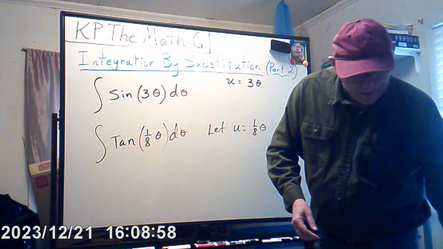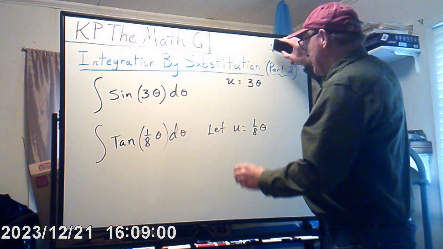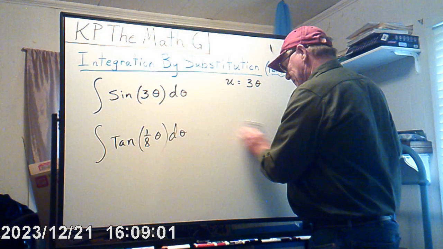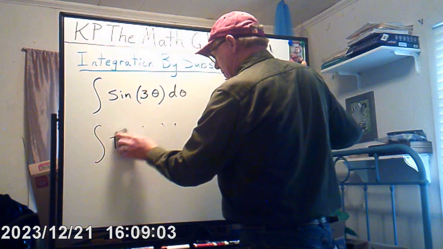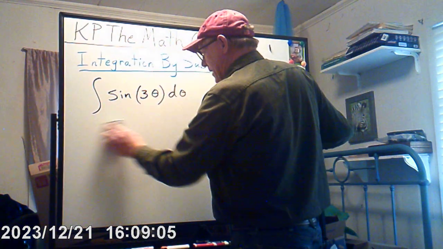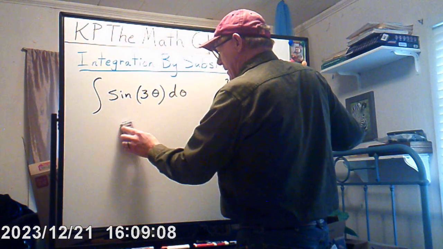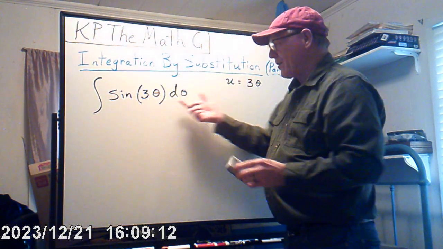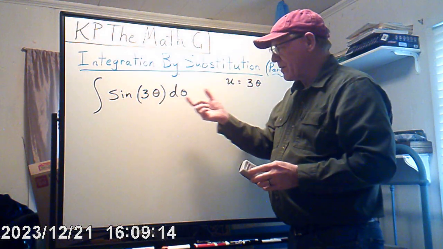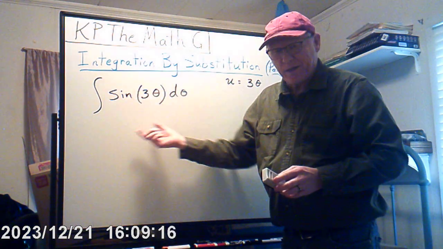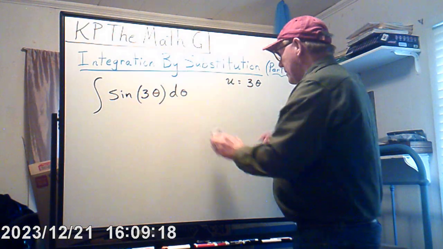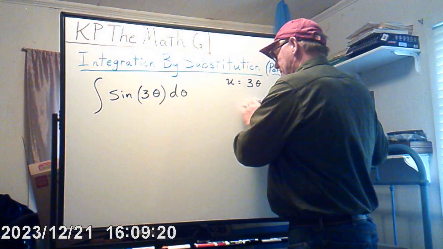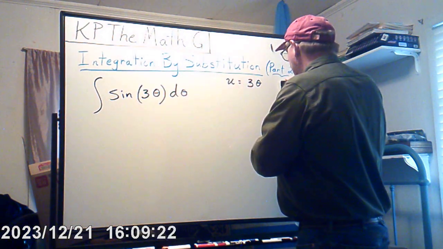If you see that, that's what you're going to do. Now, if this is just sine and there's no cosine involved here, that's how we do it. If it's sine and cosine together, we're going to let u be the whole thing.